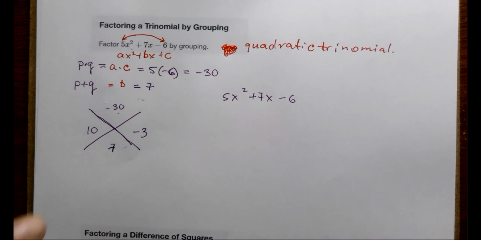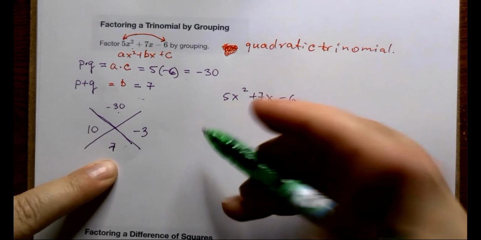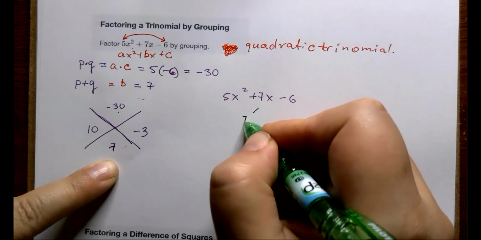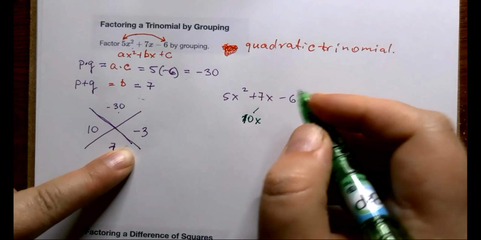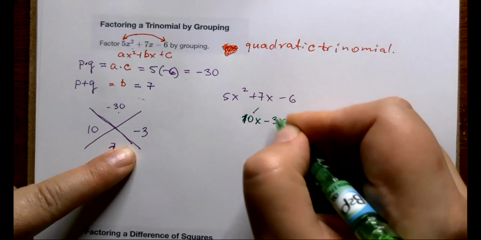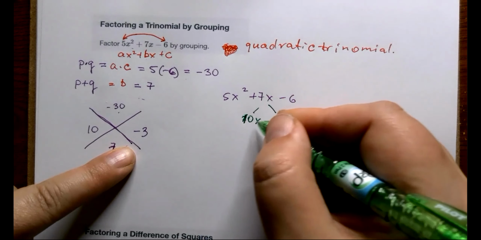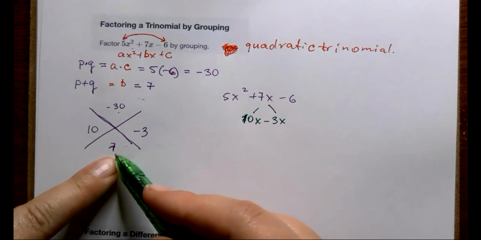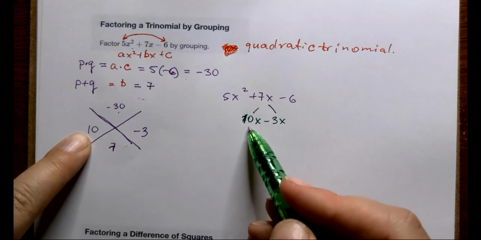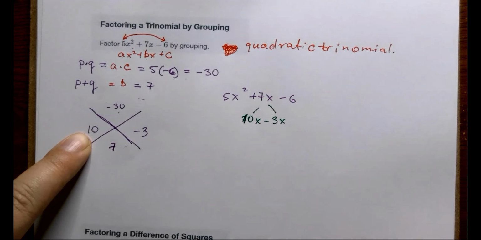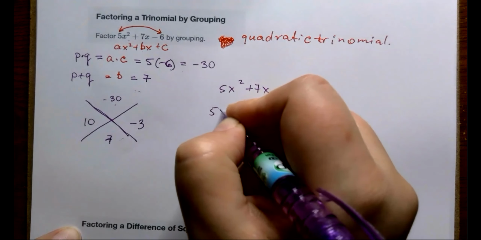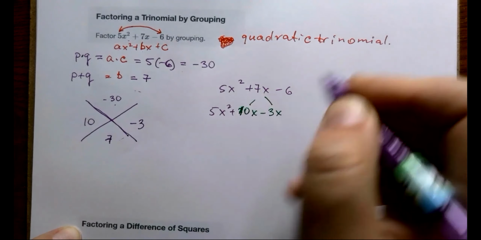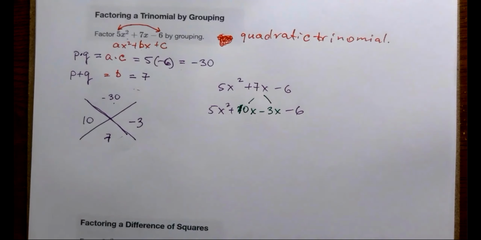So instead of 7x, I'm gonna have 10x and -3x. So that's how I substitute 7x basically with 10x and -3x. And I'm gonna copy down the other terms.